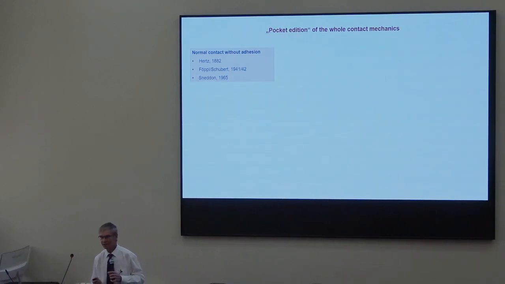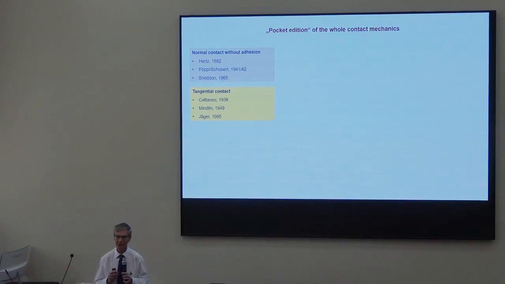For example, to this category belongs the tangential problem. Its reduction to the normal contact problem was discovered independently by Cattaneo in 1938 and Mindlin 1949, for parabolic bodies, and in a very general form, 1995 by Jäger.